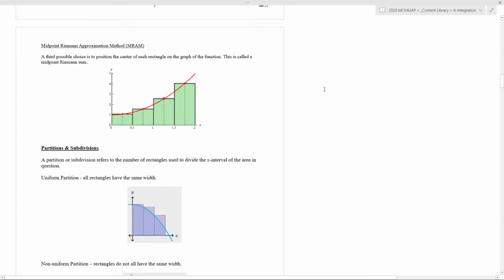So we've got four rectangles in that picture, and it's the center of each rectangle that lies on the curve. So it's the center of each rectangle that will form the height of each rectangle. Any questions so far?